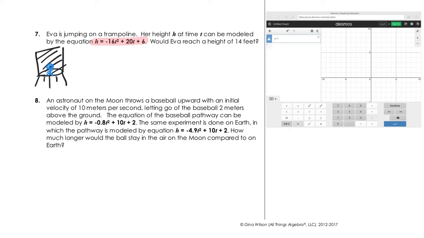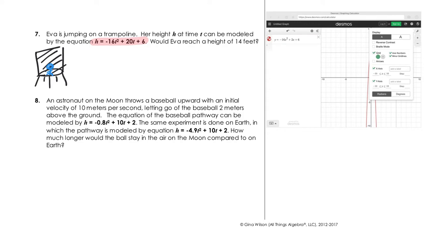So y equals negative 16x squared. There's gravity, plus 20x plus 6. So here's what she looks like as she is jumping on the trampoline.